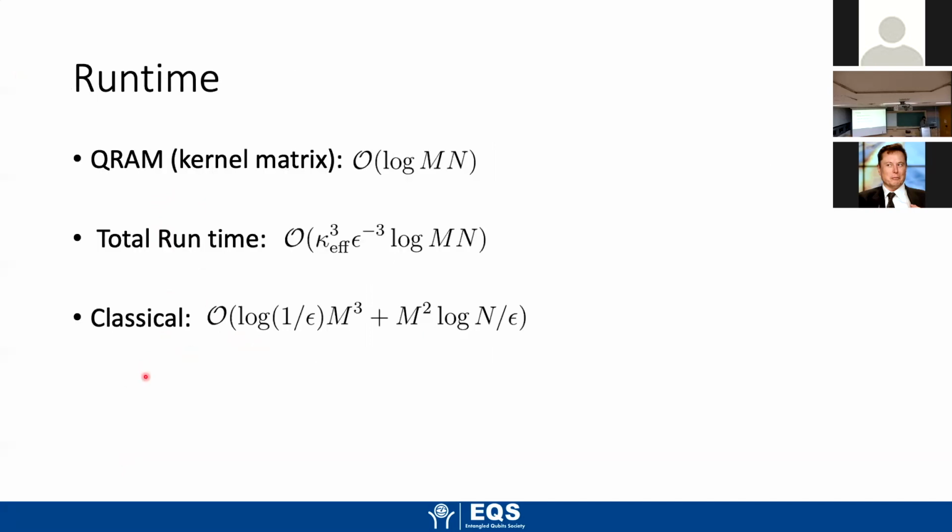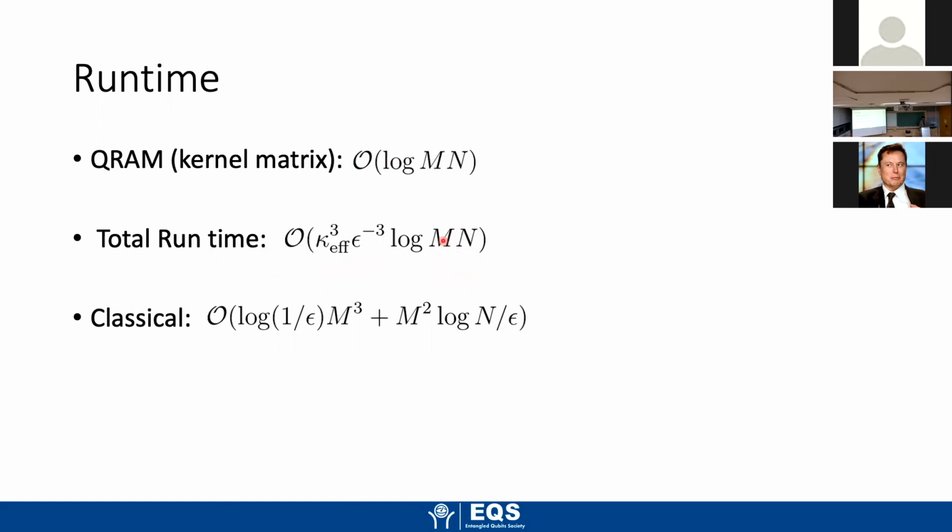What's important about this algorithm is that it's very fast in terms of data set size. The kernel matrix, which we need, can be obtained in order of log mn, given that the QRAM already exists. Including the extra parts like phase estimation and matrix exponentiation, the total runtime order in terms of m and n doesn't change.